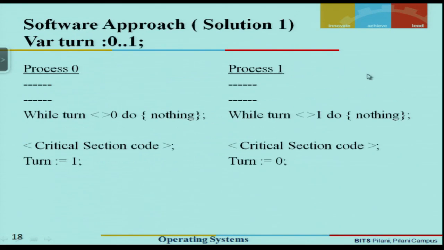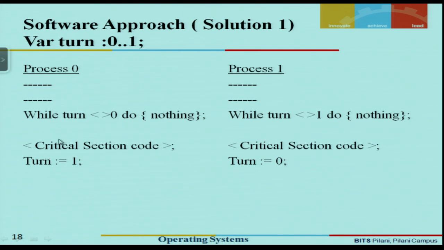For example, let us say that process 0 comes and finds that the turn is initialized to 0. Let's assume that in the beginning turn is initialized to 0. Process 1 comes and wants to execute. It will check if turn is equal to 1. It will find that turn is not equal to 1, so it will wait. While process 1 is waiting, process 0 comes, checks, and finds that it is its own turn.